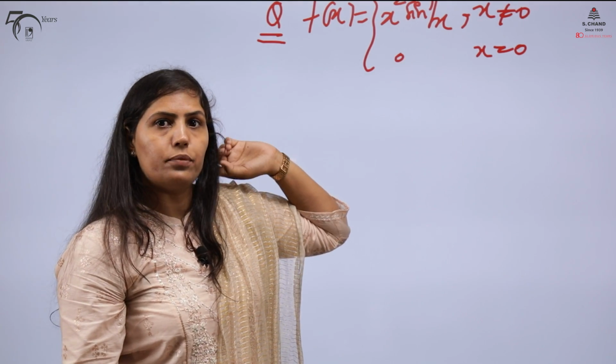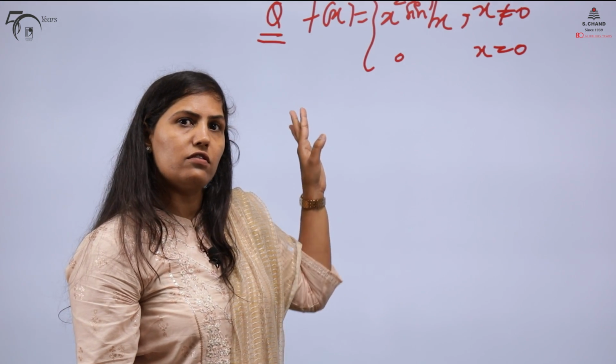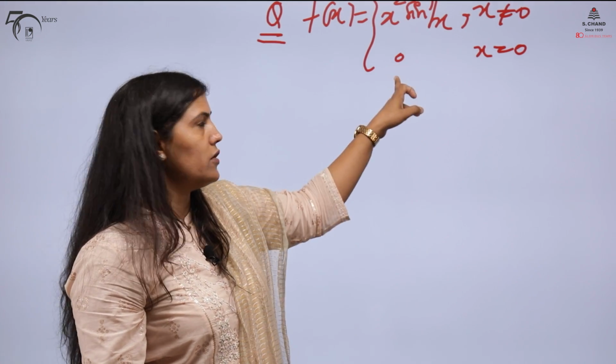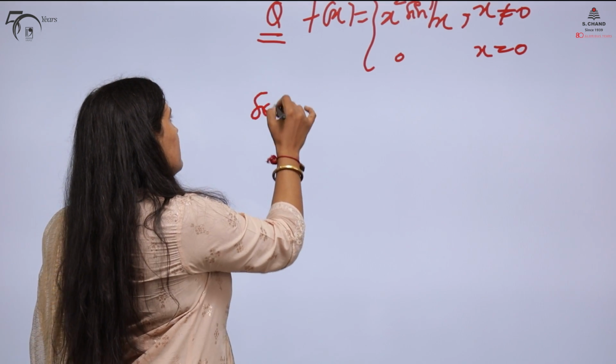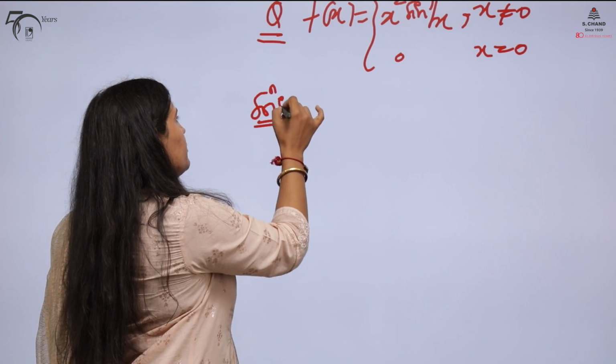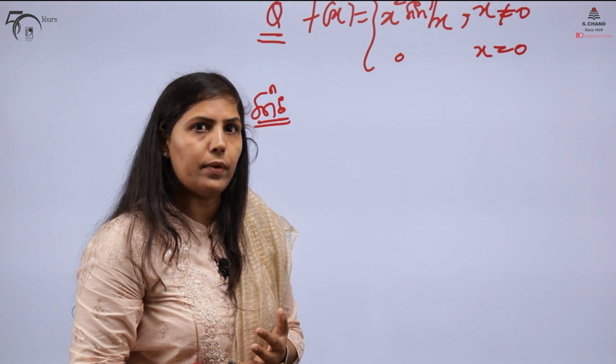In my previous lecture, I checked x sine 1 by x, the limit existed and f(0) is 0, so this function is continuous. Please make sure that before going to differentiability, it is always better to check the continuity part. Why?